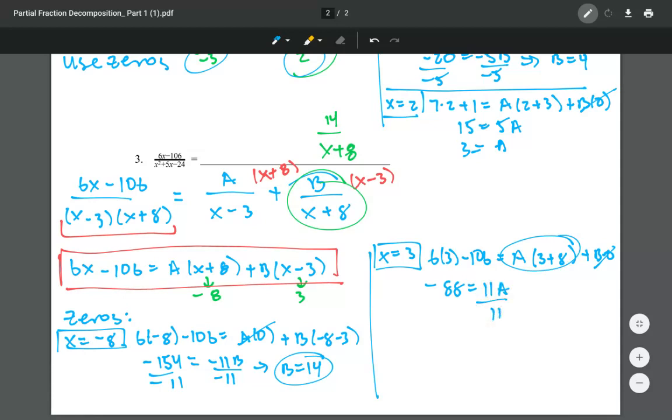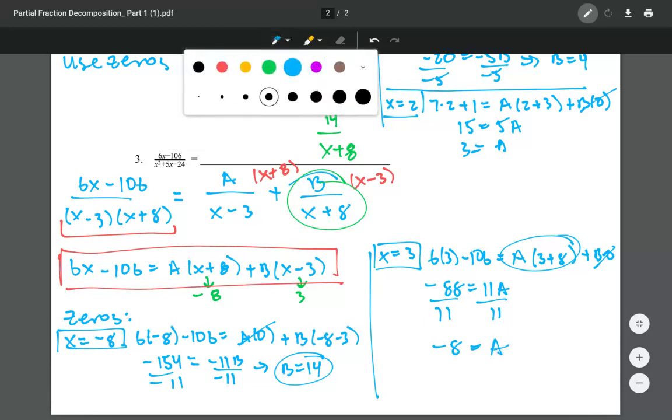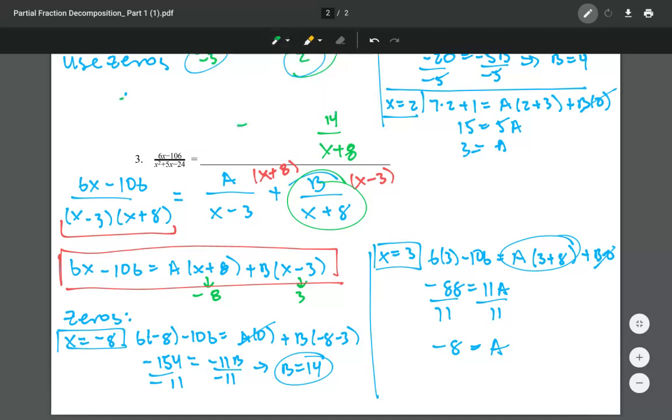Divide both sides by 11, and negative 8 equals a. There's my first fraction: negative 8 over x minus 3. I put a plus sign in the middle, and I've got my partial fraction decomposition.